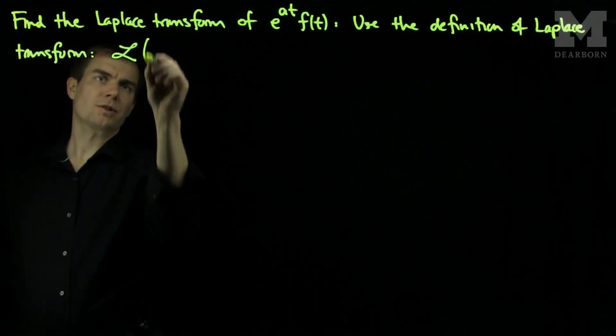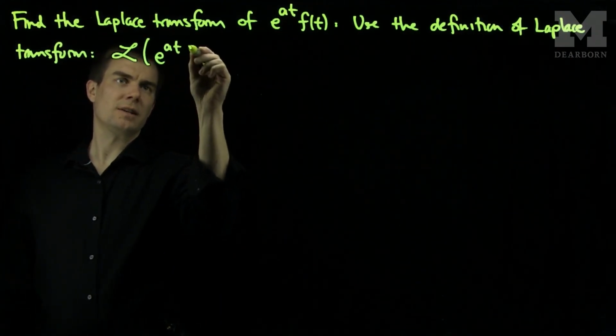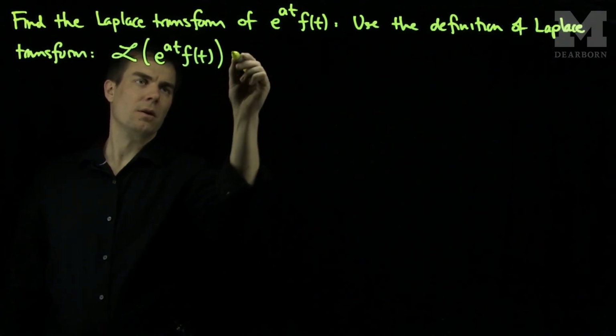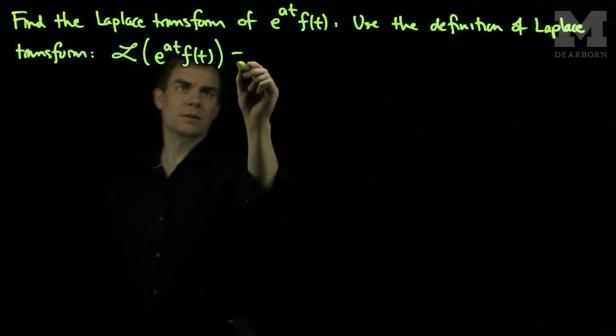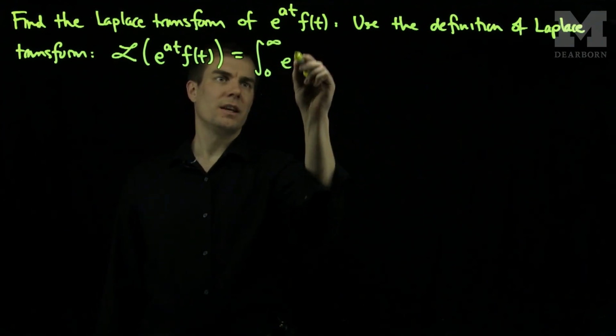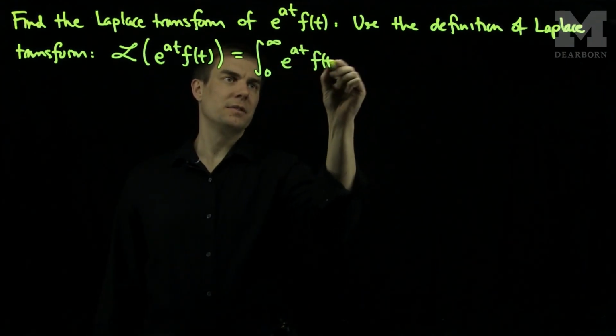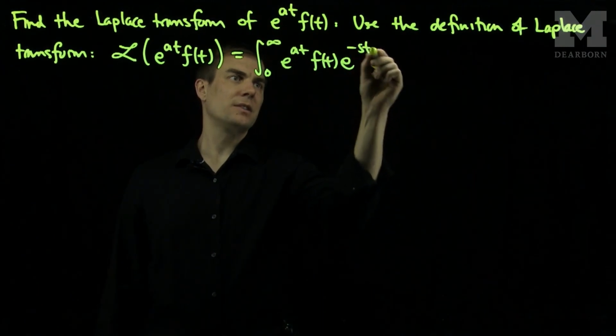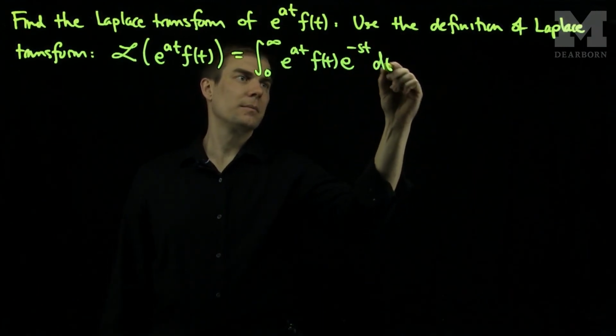So, the Laplace transform of e to the at f of t as a function of s will be the integral from 0 to infinity of e to the at f of t e to negative st dt.